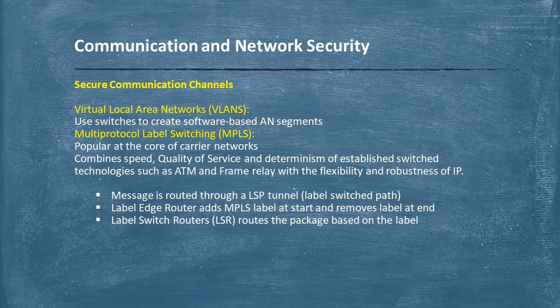This is node A and this is node B, and the packets pass through these tunnels. These are all tunnels. The message is routed to an LSP. LSP is a label switched path, and LSR is label switched routers. These are label switched routers. The traffic moves from here to here.